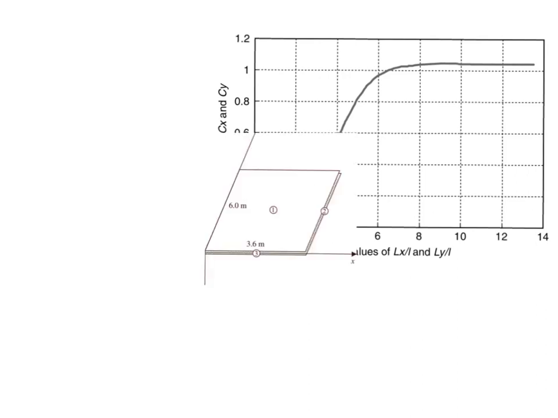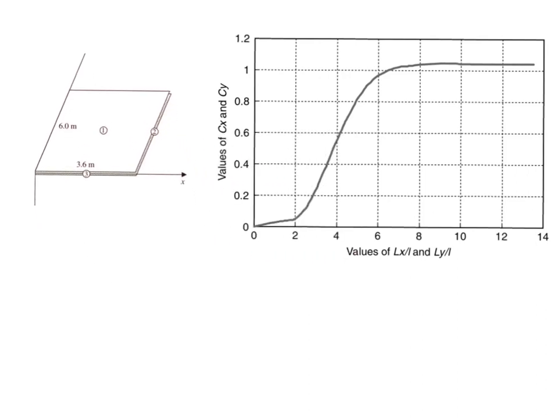In the problem figure, in x direction pavement length is 3.6 meters and in y direction the pavement length is 6 meters. So the lengths are known to you. So Lx and Ly here are 3.6 and 6 meters respectively.